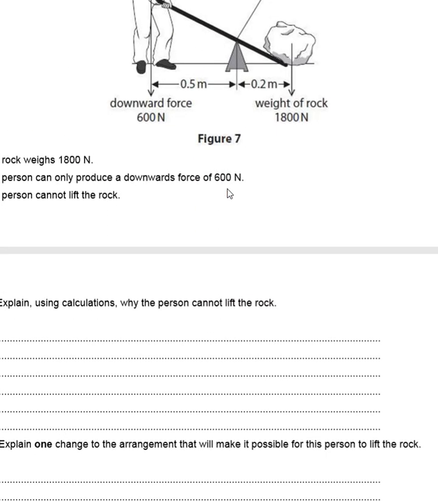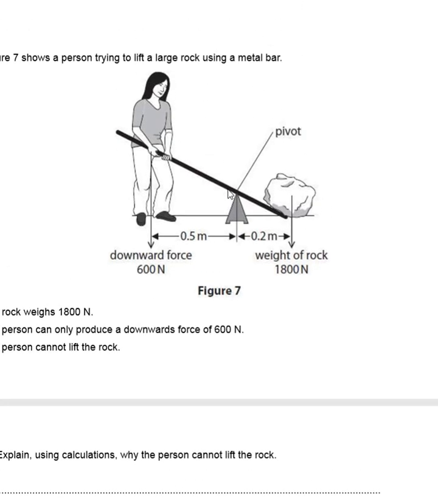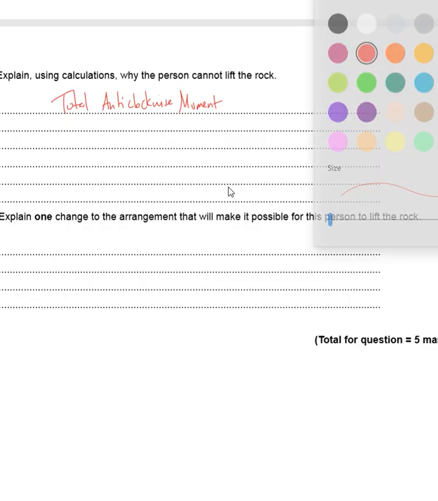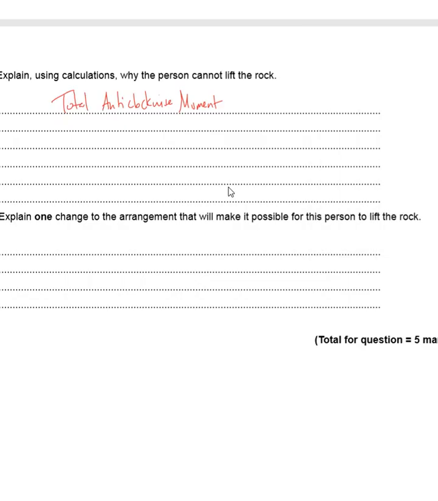Now this question here, unfortunately, some people got this wrong. Let's see how we can do this. First of all, this worked because the total anti-clockwise moments equal total clockwise moments.